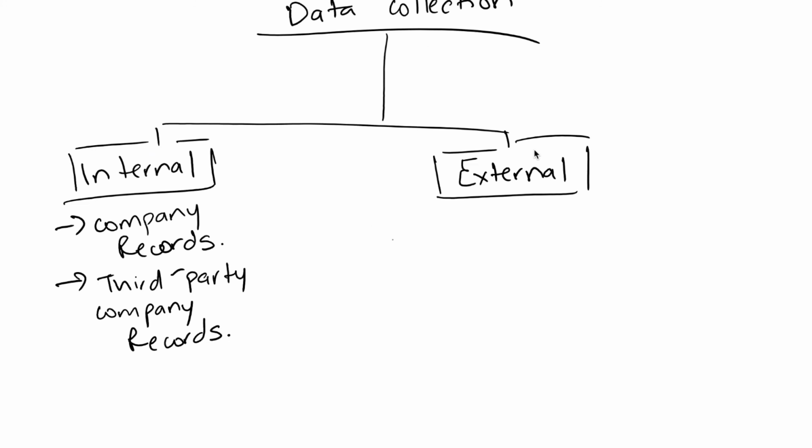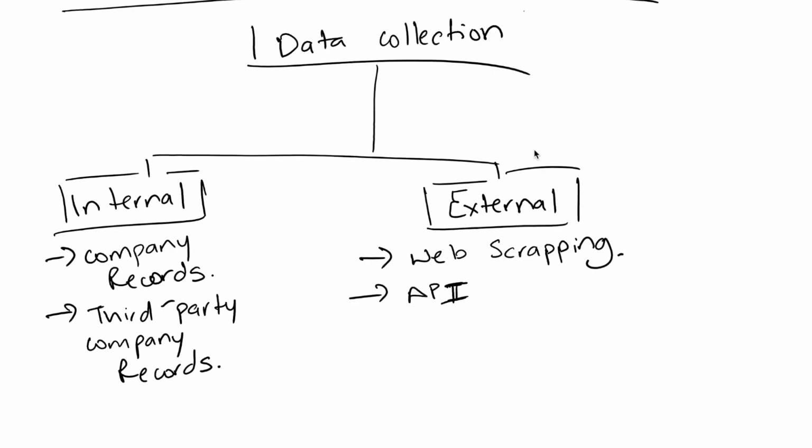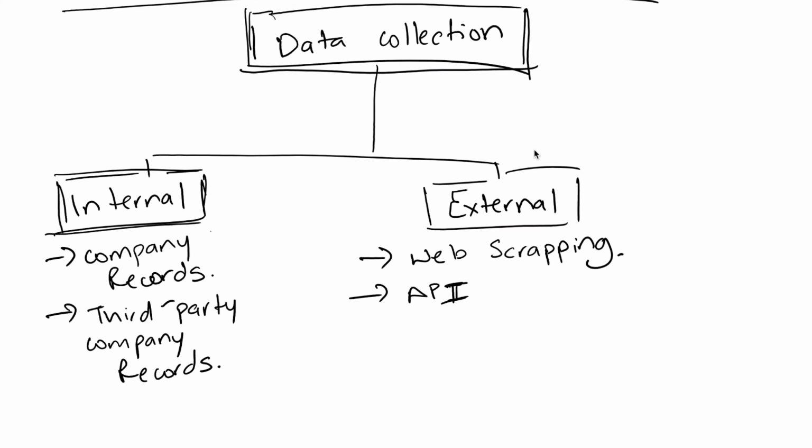Or we can consider external data collection techniques, which can include web scraping and which can include APIs. So these are the two ways in which we can go about and collect our data for a machine learning problem.